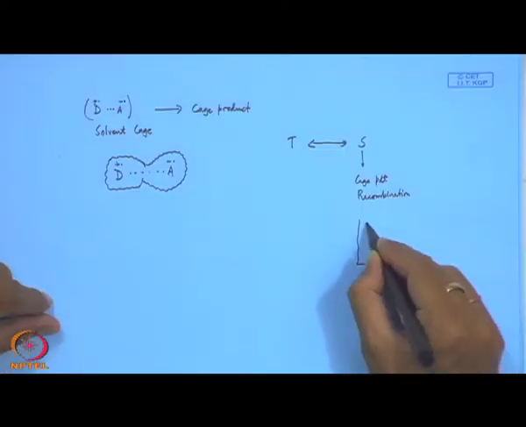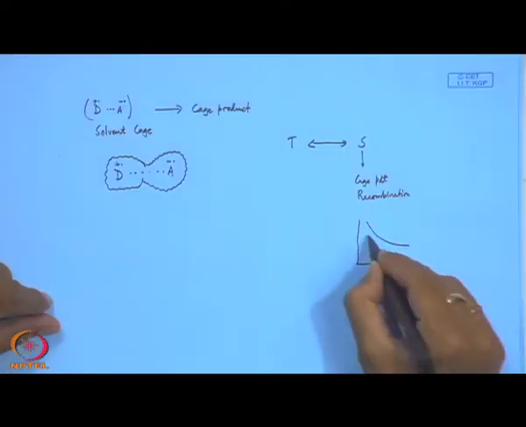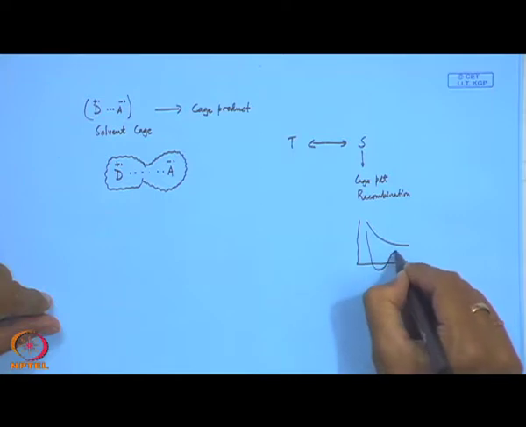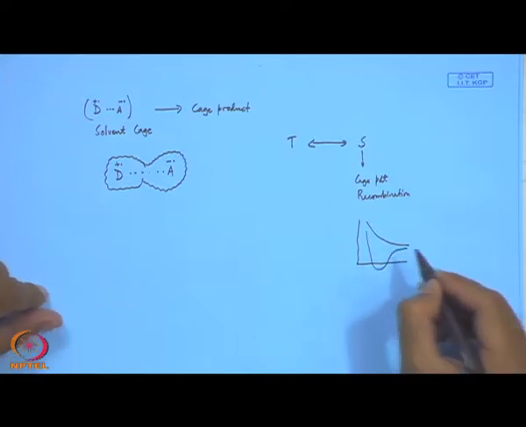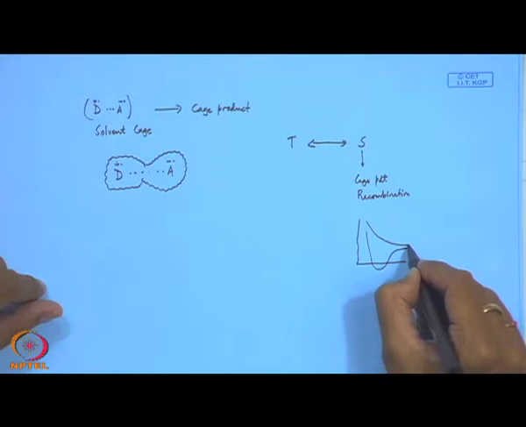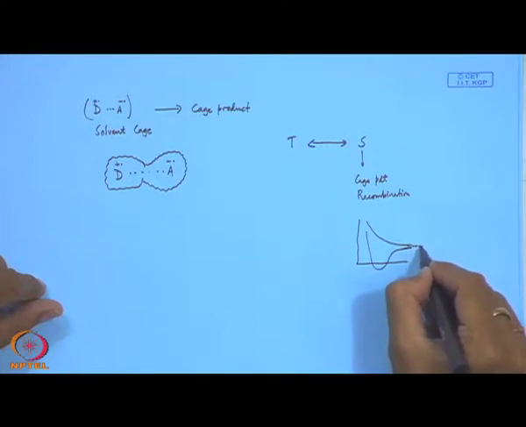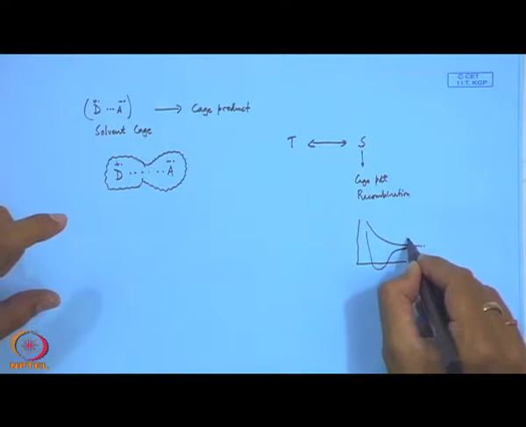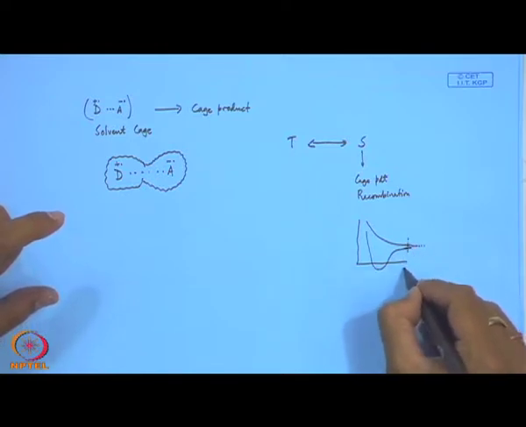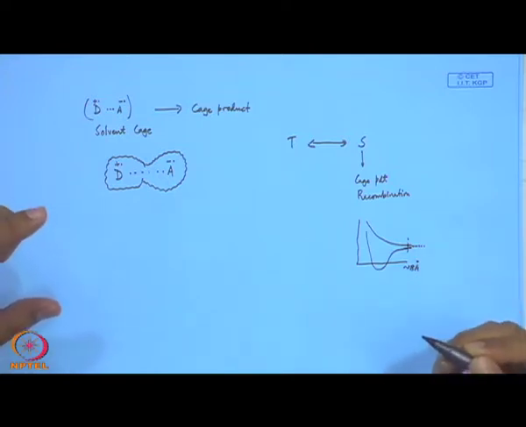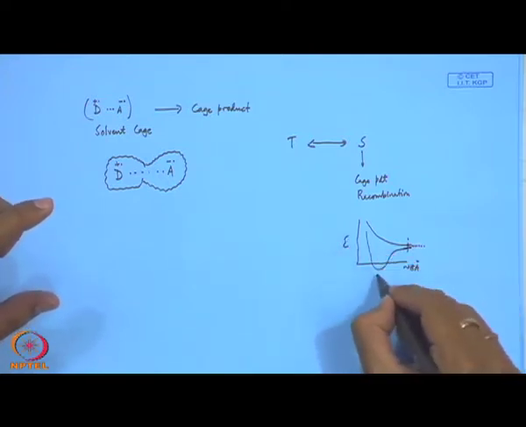Think about this energy level diagram. At a larger separation, the singlet and triplet are energetically the same. Beyond maybe 8 angstrom to 10 angstrom, they are basically like free radicals. This is your energy and this is your separation.